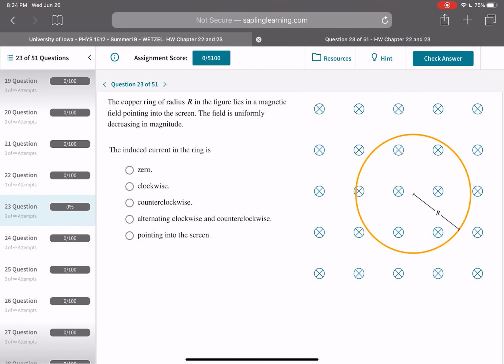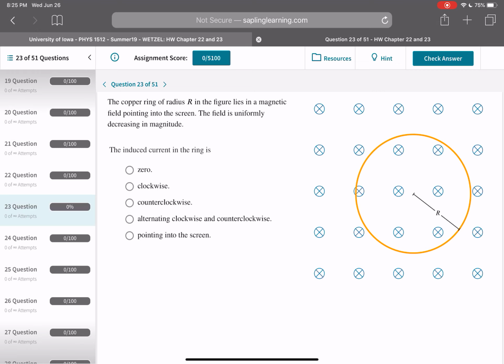Copper ring of radius R in the figure lies in a magnetic field pointing into the screen. The field is uniformly decreasing in magnitude. The induced current in the ring is what? So we've got a copper ring, radius R, in the magnetic field. The field is uniformly decreasing in magnitude. So if the field is decreasing in magnitude, what happens to the current in the ring as you have a change in magnetic field, which means you have a change in magnetic flux inside the wire.